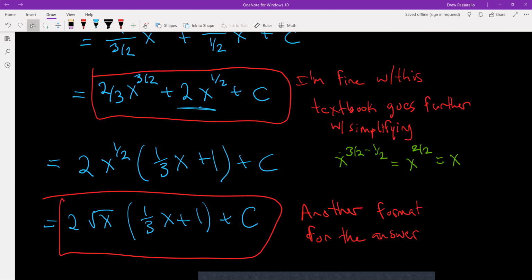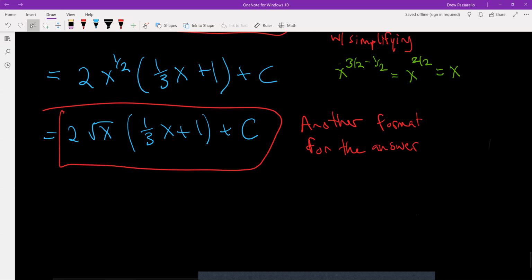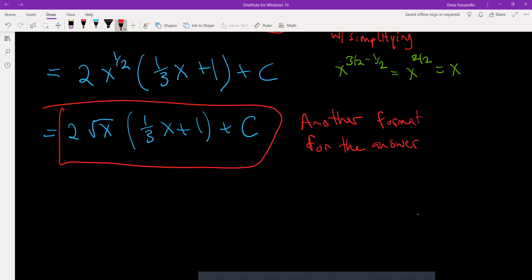So I'm fine with that. The textbook also factors out 1/3, and the textbook answer, very similar to this one, is 2/3 square root of x, and then they have x plus 3 and then plus c. That's the textbook answer.